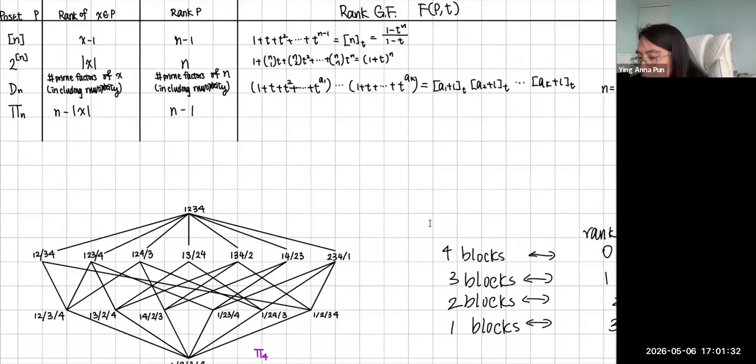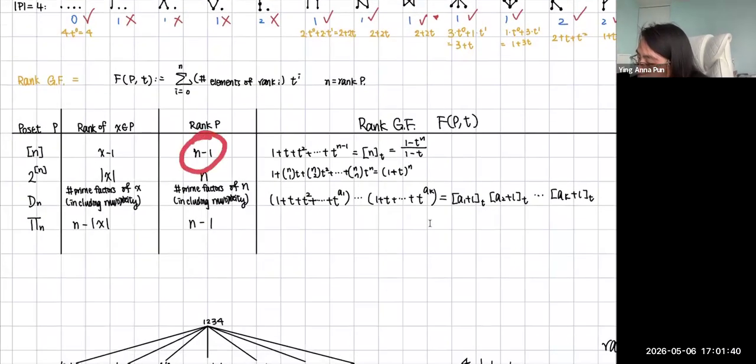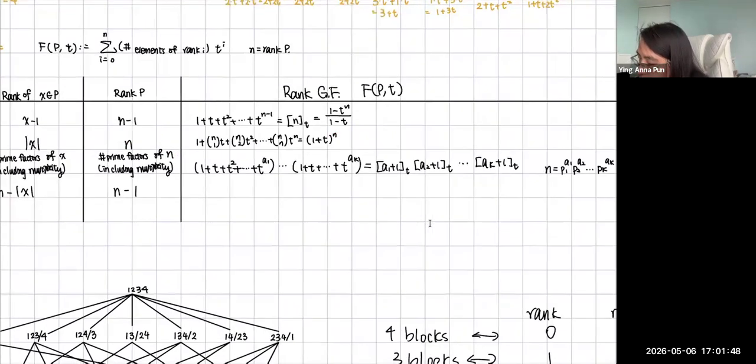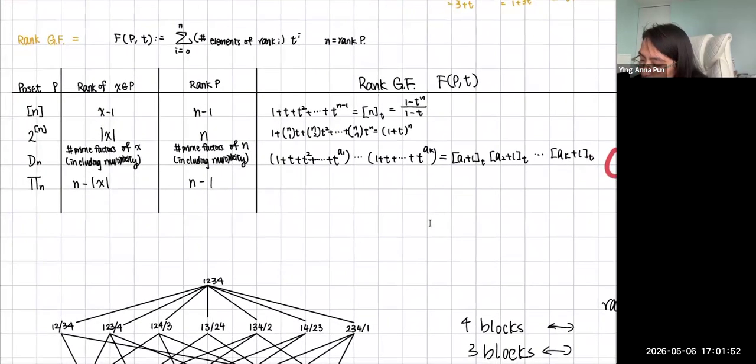Why do I have the rank of P? Because the rank of P in these cases is the degree of your rank generating function. So for example, here you can see that it's degree n minus 1. This guy is degree n. And this guy is the degree, the number of prime factors of n, including multiplicity. Here, you are going to expect a polynomial with degree n minus 1.